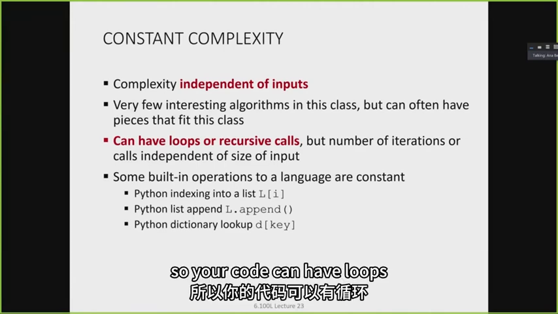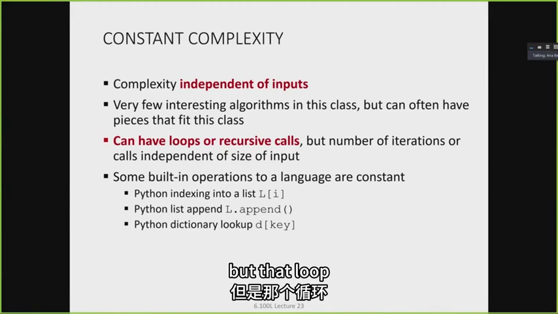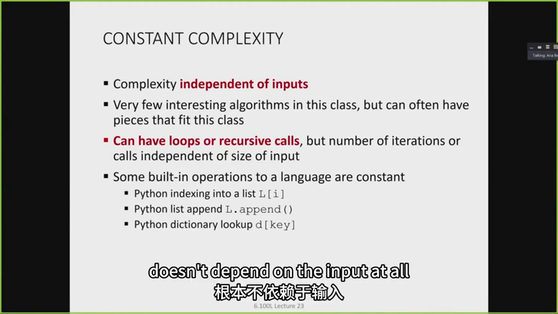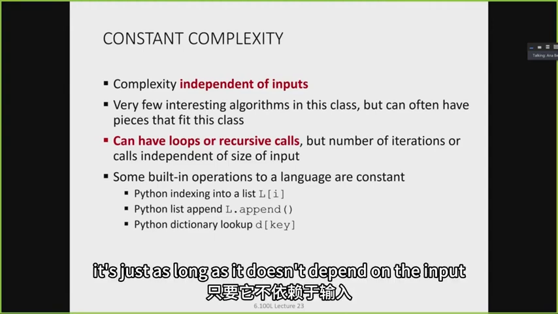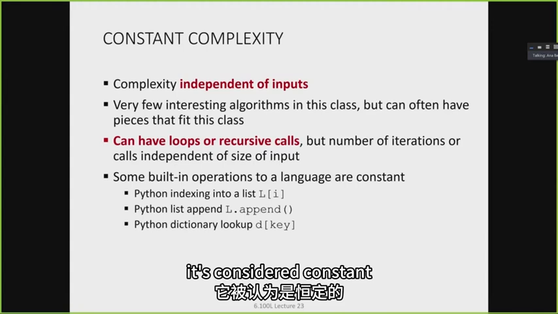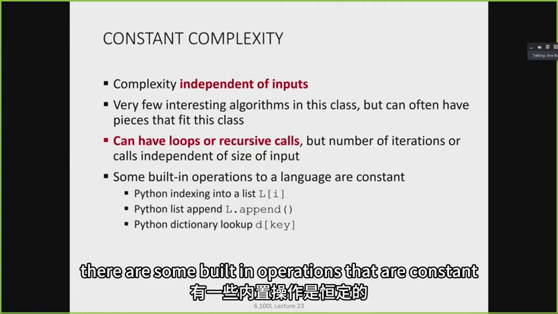So your code can have loops, or it can have some sort of recursive structure, but that loop or that recursive structure doesn't depend on the input at all, right? So it's fine to have loops. As long as it doesn't depend on the input, it's considered constant. There are some built-in operations that are constant time.